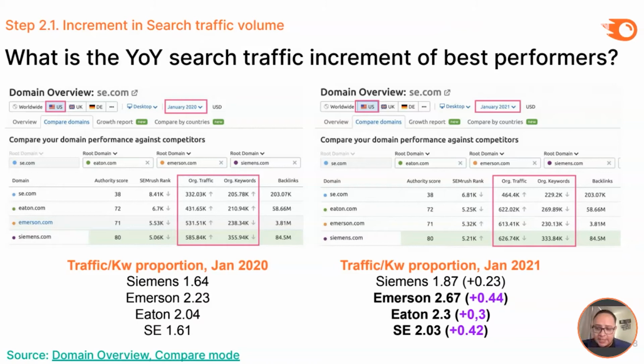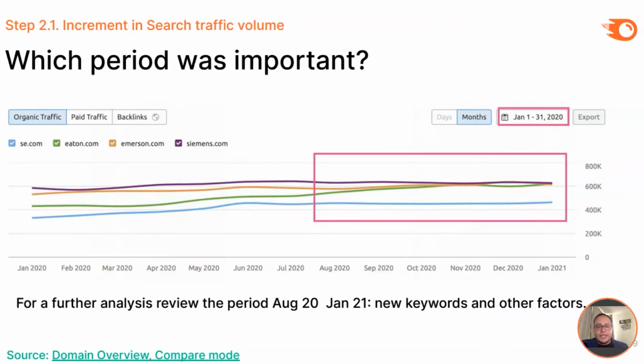We are talking about 500,000 users for each company, and here, just taking a look at the growing numbers, we see what is the period that was most important for this growth. Doing this analysis, we saw that, okay, we took the period from August 2020 till January 2021 because the intersection of the traffic of all these companies was at the highest point.